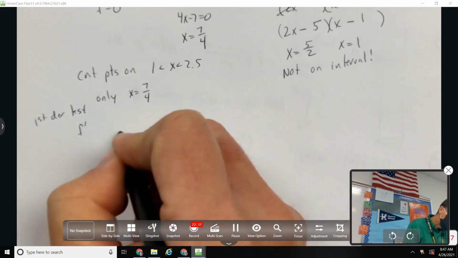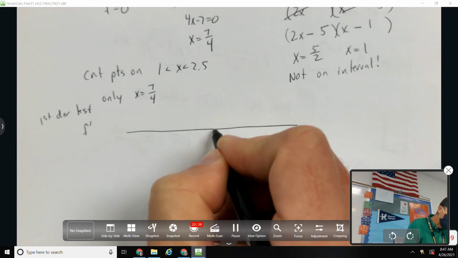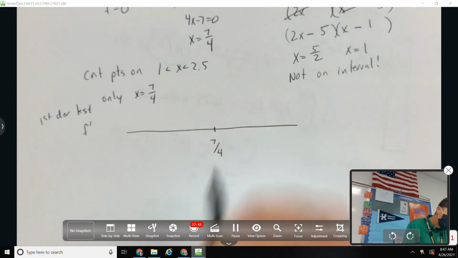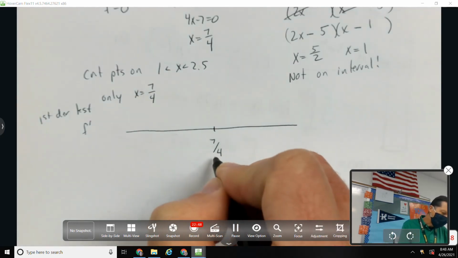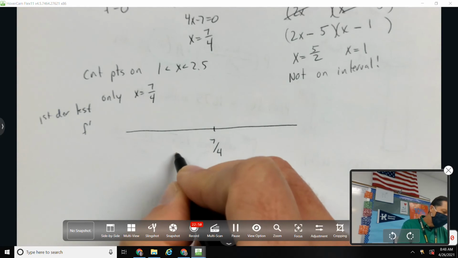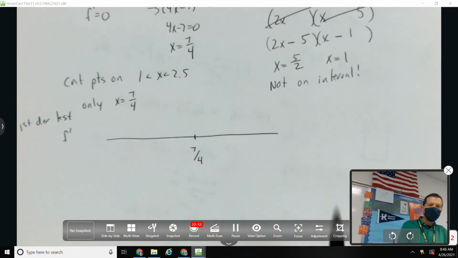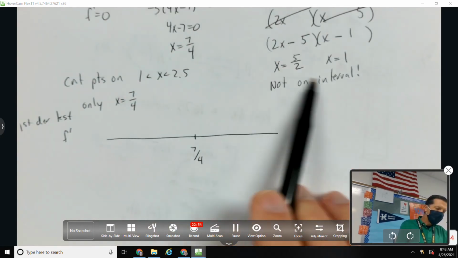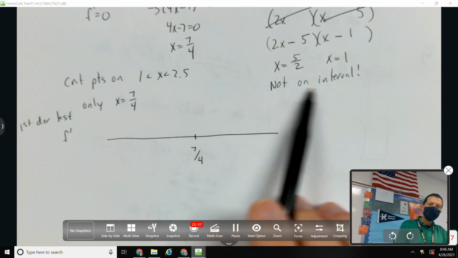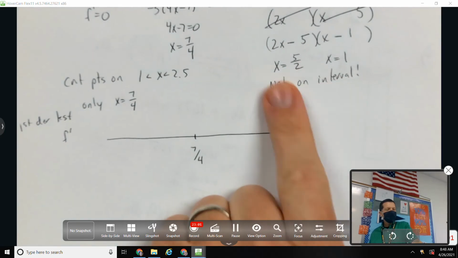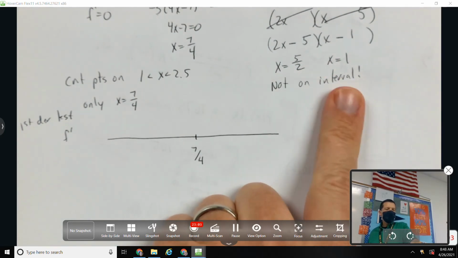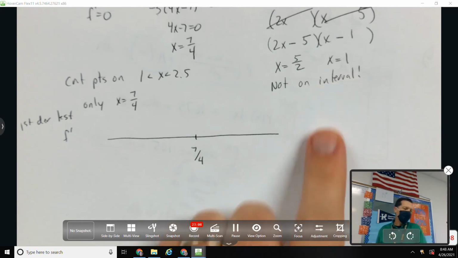First derivative test. You don't have to explain what you're doing, but wouldn't hurt. 7/4. So let's pick something less than 7/4. We better be careful though, because something's going on in here. We better pick something on our interval, not 1, because 1's going to make the bottom be 0, and that's going to be a problem.